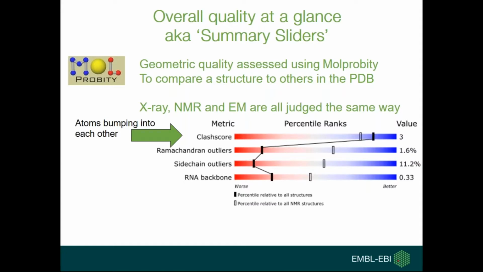So one of the metrics is clash score. This is atoms bumping into each other. We know that two atoms can't be in the same place at the same time, so if two atoms are overlapping, then that highlights that there might be a problem. The other three metrics, Ramachandran outliers, side chain outliers, and the RNA backbone, indicate surprising bond angles.